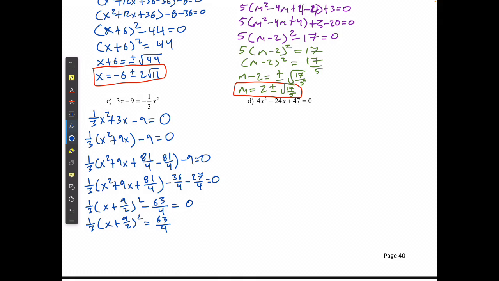Divide both sides by 1/3, and I get x plus 9 over 2 squared is equal to 189 over 4.